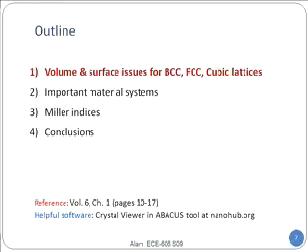Now, one thing I want to point out is that at the bottom of the slide, you will see the reference for the book, the page number I'm approximately covering, but at the same time, there is a set of software that you can find in nanohub.org. Presumably, you have an account there already.